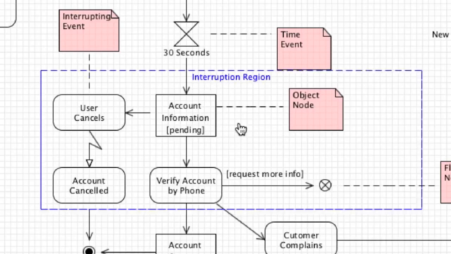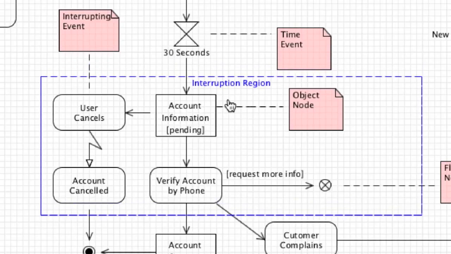Then we get into this guy right here, which is what we call an interruption region. You would use one of these whenever you want to demonstrate an activity that can end before completion of the activity. You will specifically see that over here, where we have what we have listed as an interrupting event. So let's say that the customer comes in here, tries to set up a brand new account, and then the user decides to cancel the account.